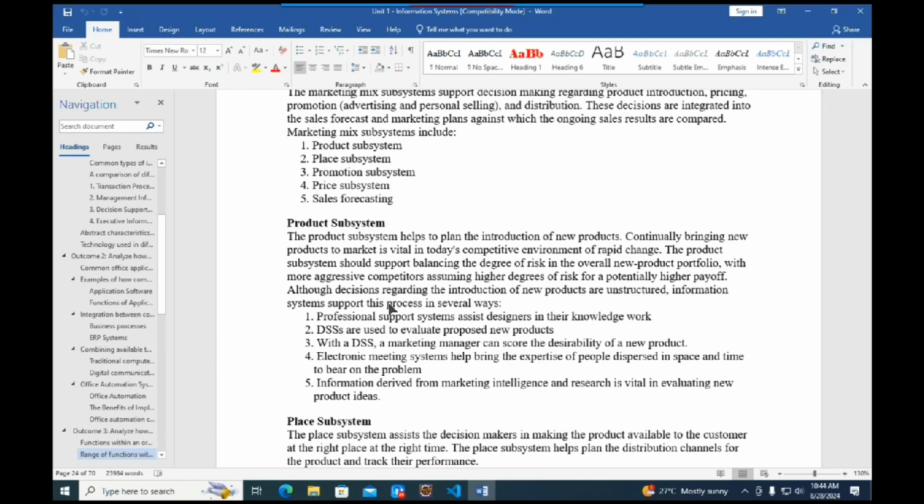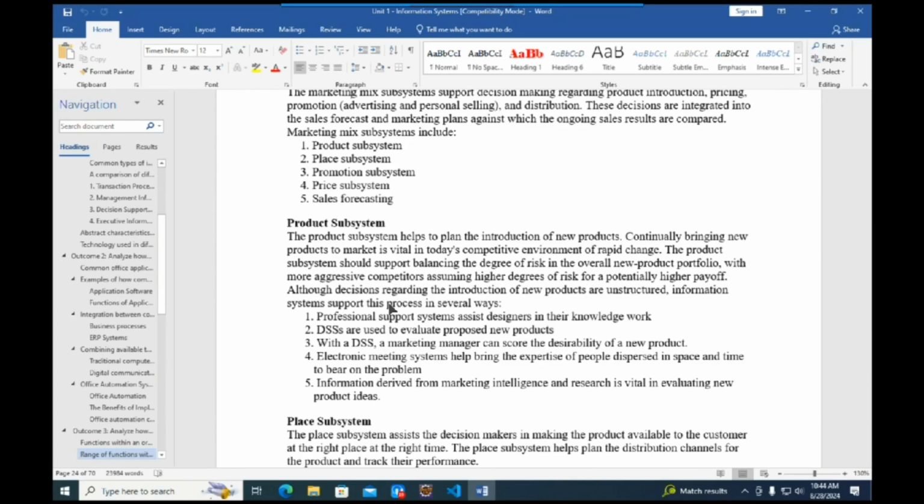The product system should support the balancing of risk in the overall new product portfolio that is going to be more aggressive to competitors, assuming there are higher degrees of risk for potential and higher payoff.